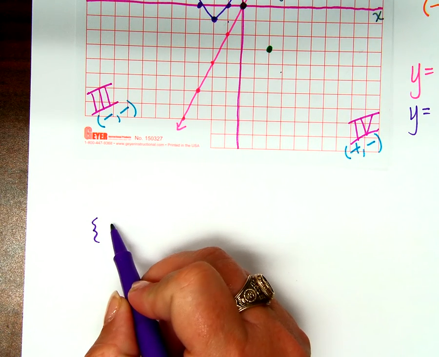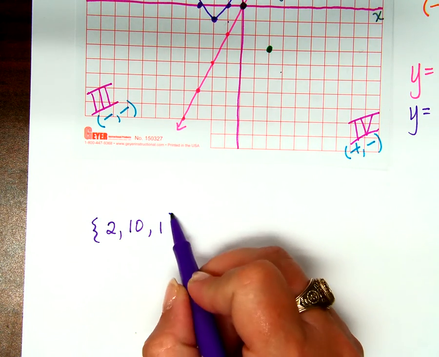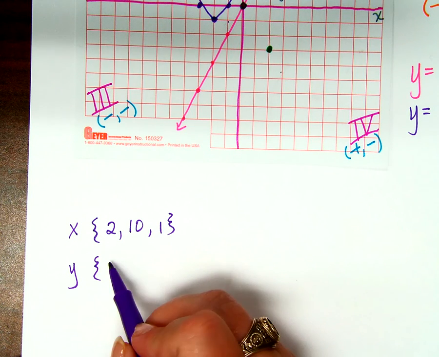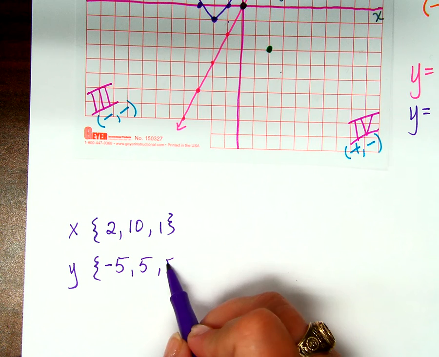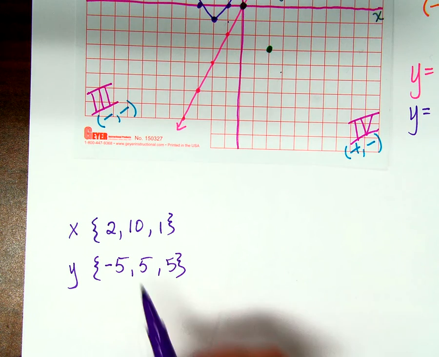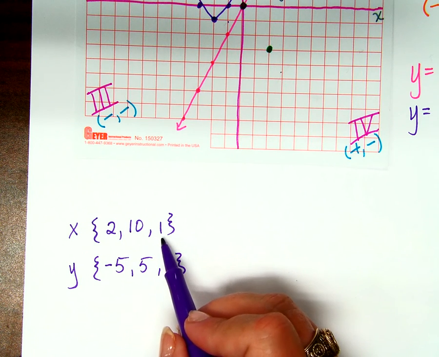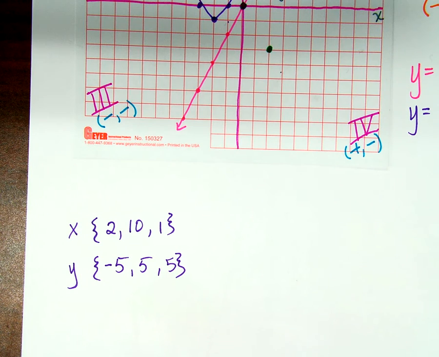They'll say -2, 10, 1 for x's, and for y's, it'll be -5, 5, 5. So what does that mean? X min, X max, X scale. Y min, Y max, Y scale. Does that make sense? Yes? Okay, it's not too hard to adapt to.